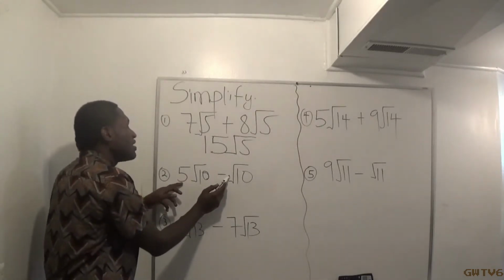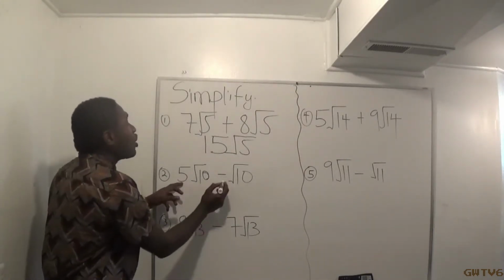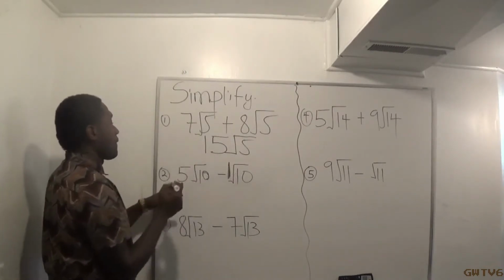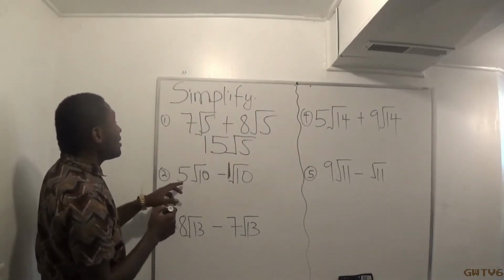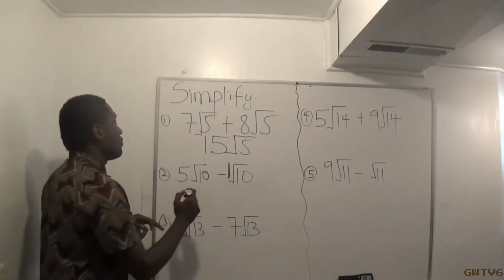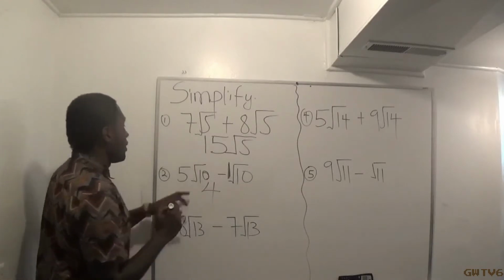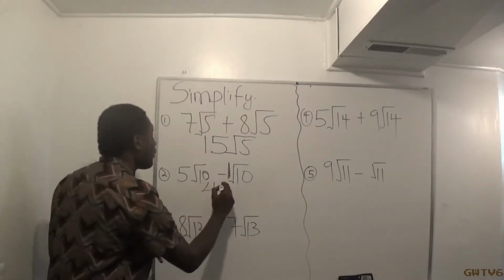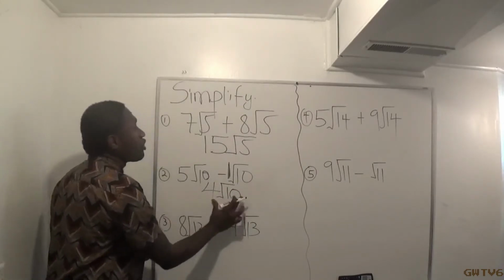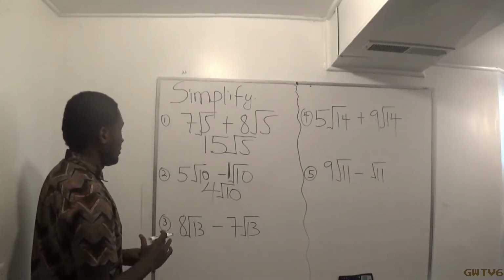So anytime I don't see any number, I know there's always a 1 right here. So that means I can then do 5 minus 1, which is 4. And then these two are the same. I copy one of them next to the 4. So 4 square root of 10 will be my answer.